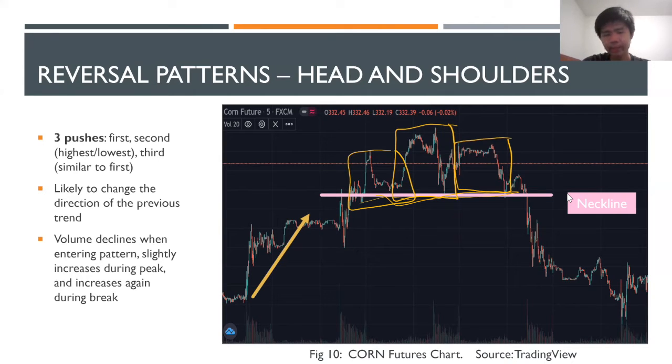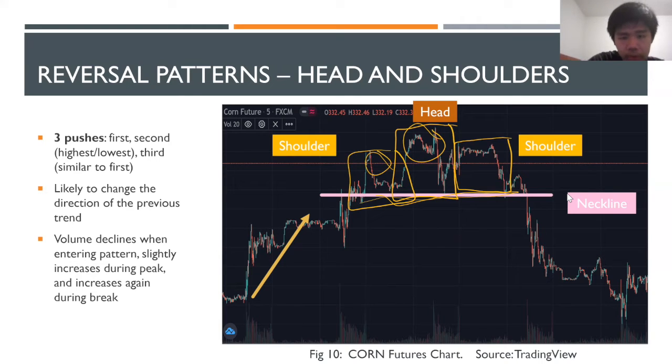Now, for these bumps, we can classify them into two different parts, which are the head over here and these two shoulders over here. Now, once this pattern is complete, usually the price will break downwards from this neckline. And so the price will continue to move downwards.